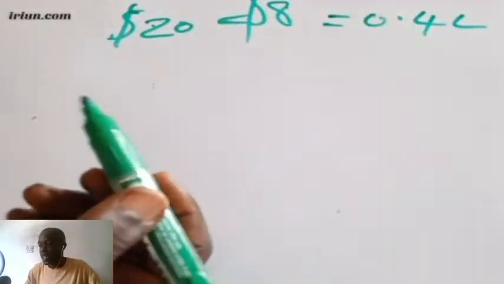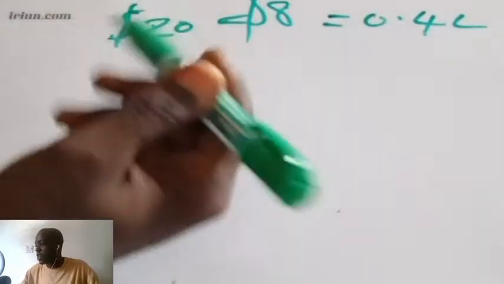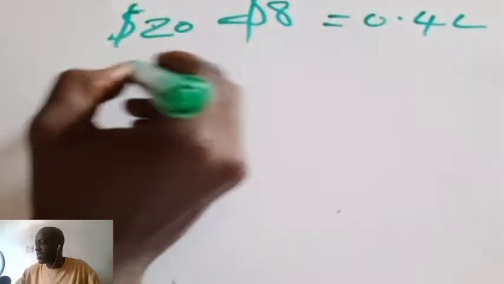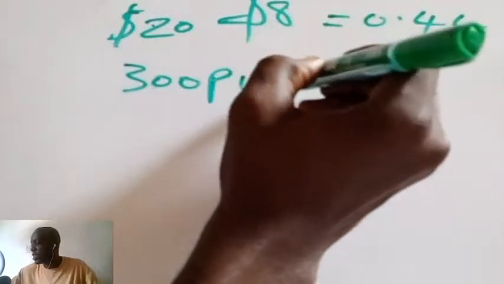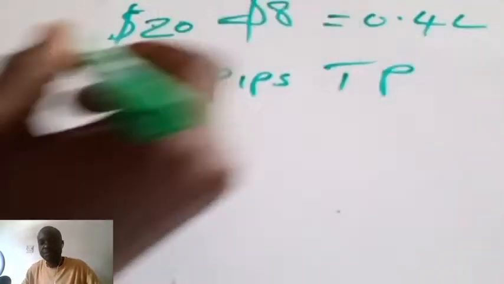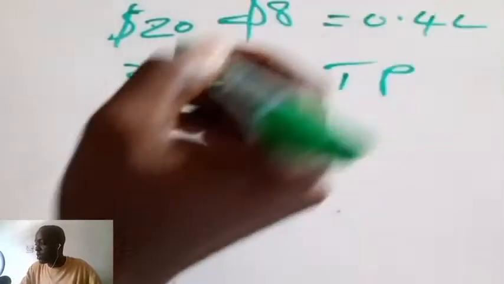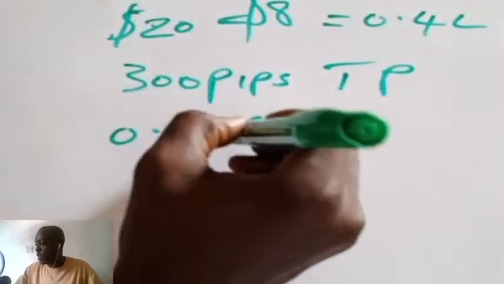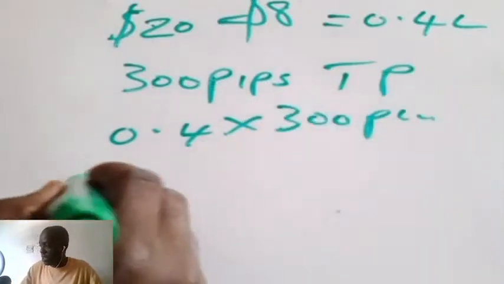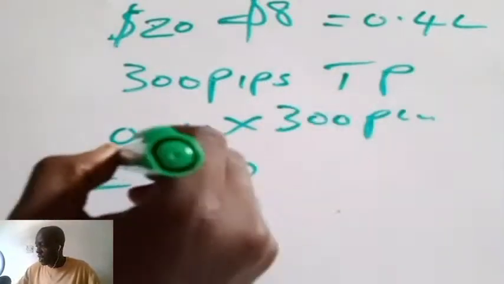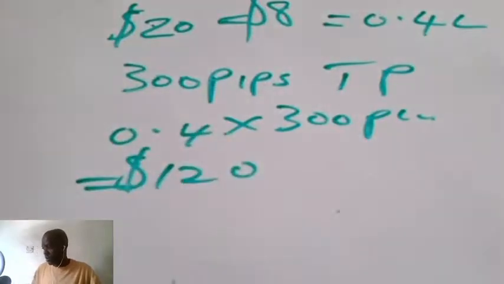So maybe today, when we trade, we target 300 pips take profit. That'll be what? 0.4 multiplied by 300 pips, so that'll be $120 for today.